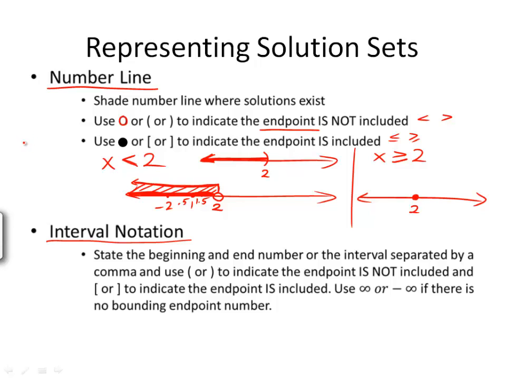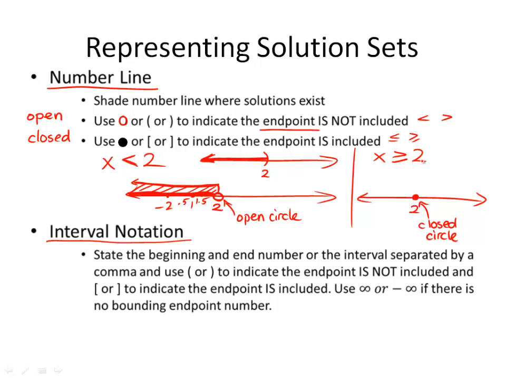An endpoint being included is called closed. An endpoint being not included is called open. So this was an open circle, and this is a closed circle. It indicates whether the endpoint is included or not included.